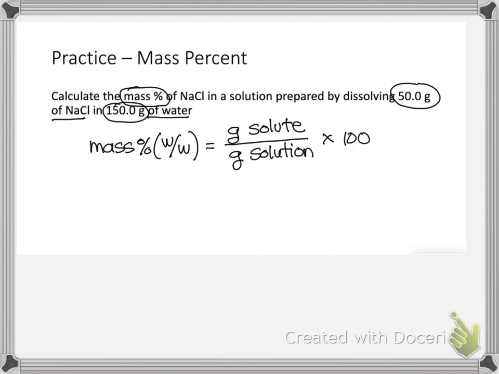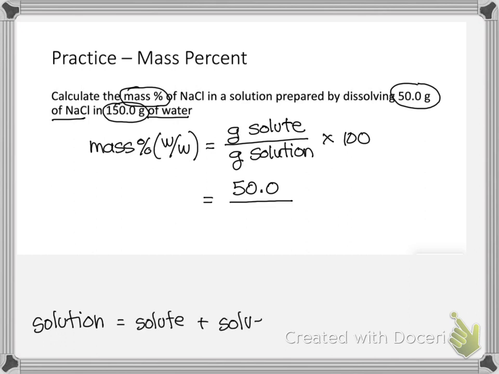Now, the grams of the solute is very straightforward. It's sodium chloride, so it's 50 grams. I'll show you how they do the units. And then grams of solution. Here's the trick. The solution really is equal to the solute plus the solvent.